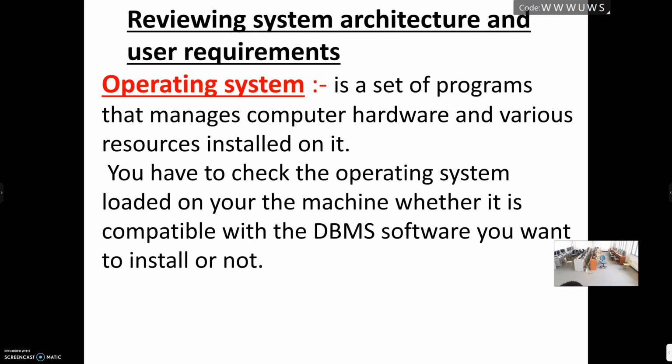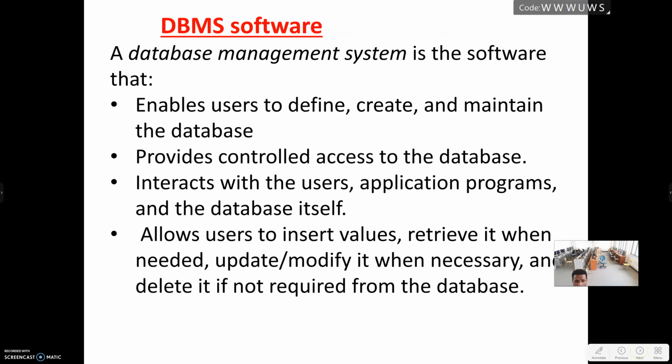In this portion we talk about which type of operating system is installed on the machine and which type of database management systems are compatible with that operating system. The next one is database management system software. A database management system software is the software that allows users to define, create, and maintain the database.